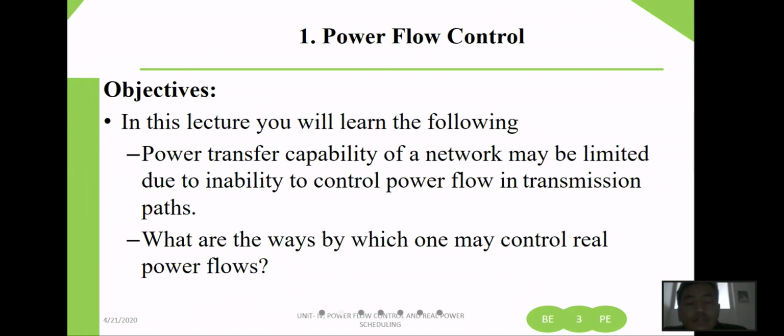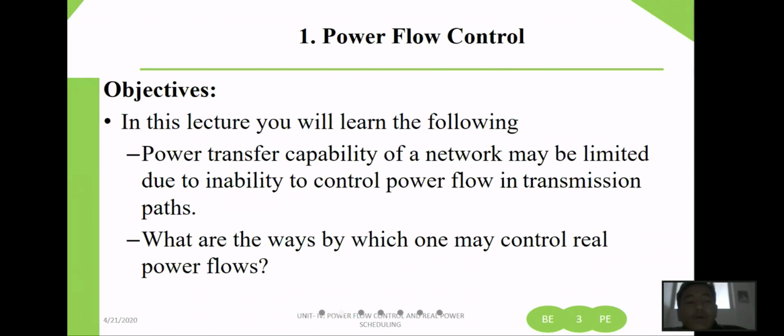Today's lecture we'll see power flow control. I have given the objectives of today's lecture: when we complete today's lecture, you will be able to learn these two points. First, the power transfer capability of a network may be limited due to inability to control power flow in the transmission path.